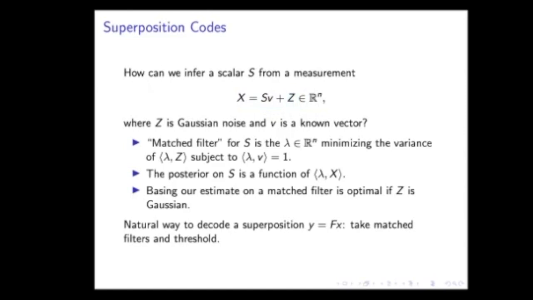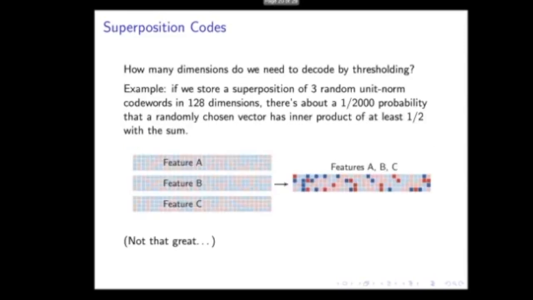If I have some scalar S, which maybe is 0 or 1, and I know this vector V and I'm adding some Gaussian noise, the best I can do is just take an inner product with lambda and then threshold. If this inner product is less than something, I'll say that S is 0. If it's larger than something, I'll say it's 1.